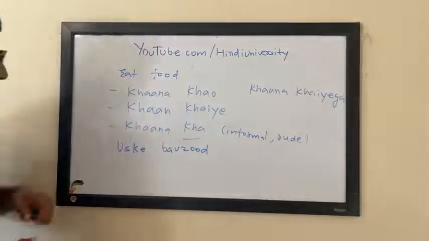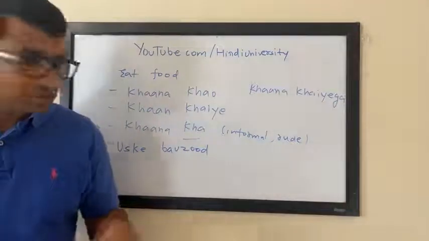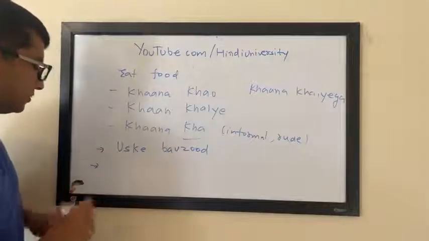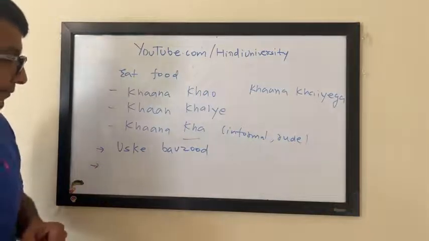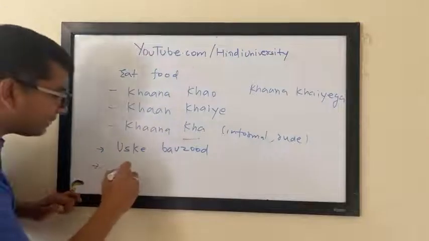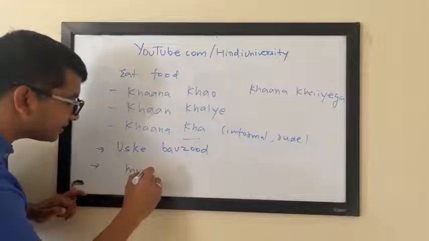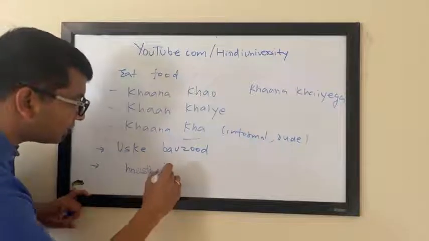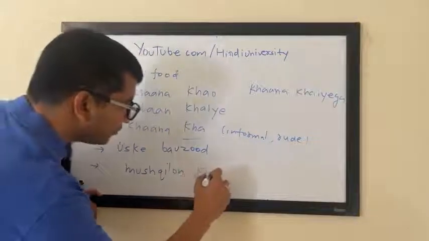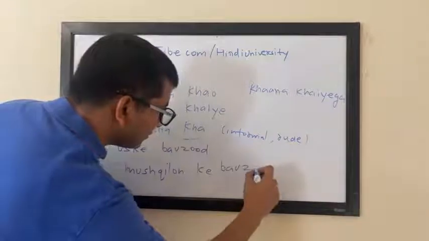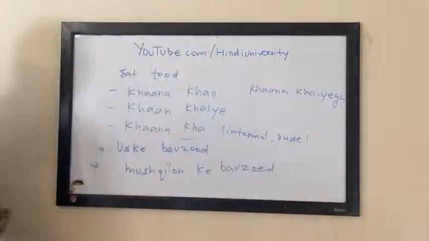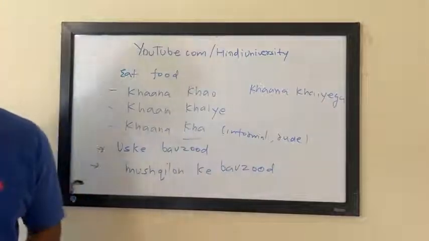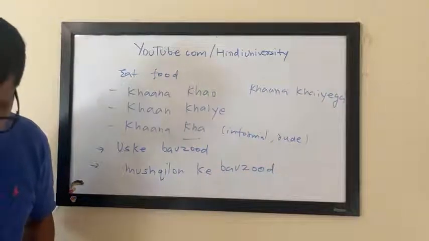Okay. So just like par bhi will not be used, the other one will take precedence. Uske बावजूद. मुश्किलों के बावजूद, like in spite of difficulties, and then you can say the second sentence. The baavjood would be more common if you're not using a verb.